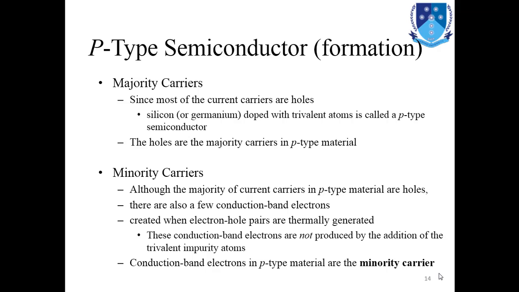The majority charge carriers in p-type semiconductor material are the holes. We know from the previous discussion that since most of the current carriers in p-type material are holes, a silicon or germanium doped with trivalent atoms is called a p-type semiconductor.